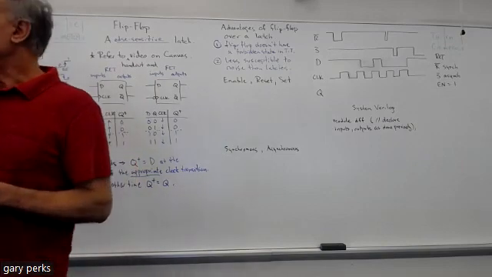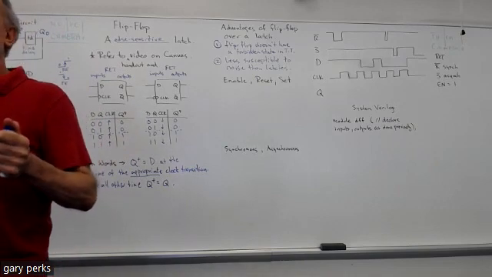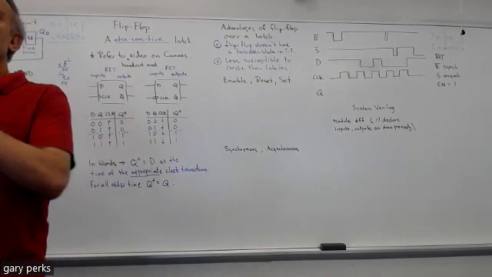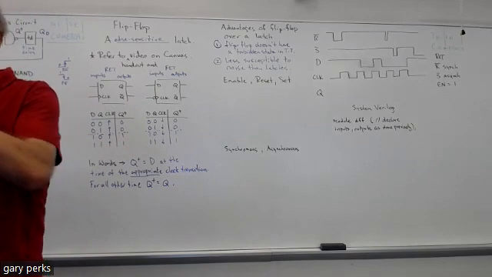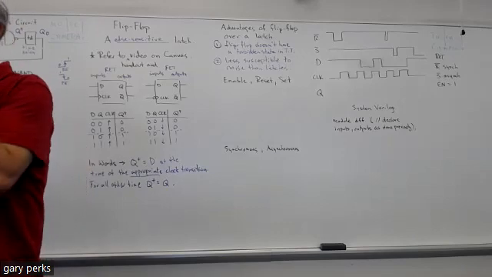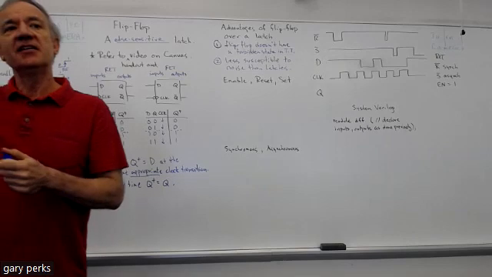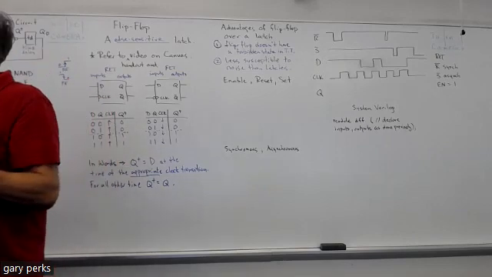Well, voltage levels are much more susceptible to noise because noise is like voltage spikes. So if you had something that was a zero and you got a spike going in the positive direction that was enough to flip it to a one, well, that's potentially a problem. And same way, if you had a one and you got a spike going in the negative direction, it could make it a zero.